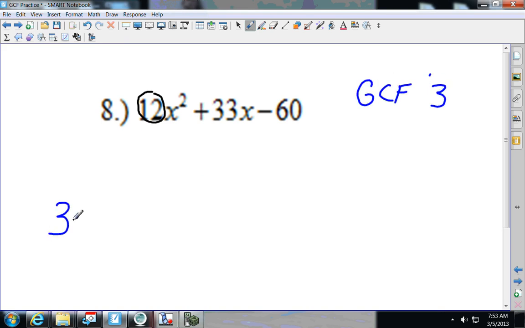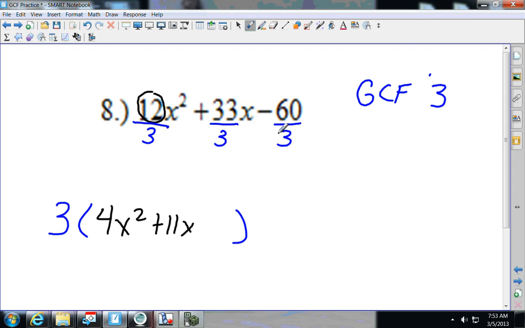So I pull out a 3 and I write what's left. Divide every term by 3. So I end up with 12 divided by 3. I always do that. I divide it in my head. x squared. 33 divided by 3 is 11x. Negative 6 divided by 3, negative 20.